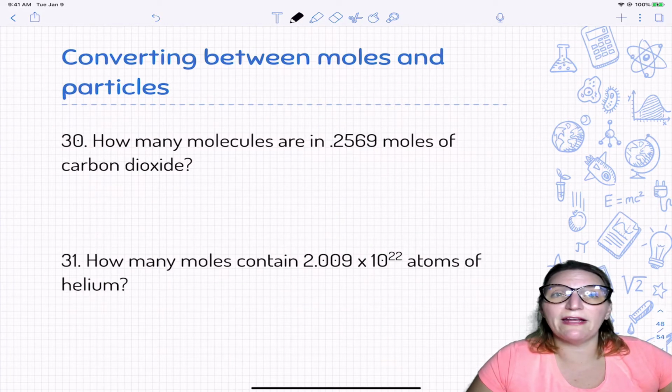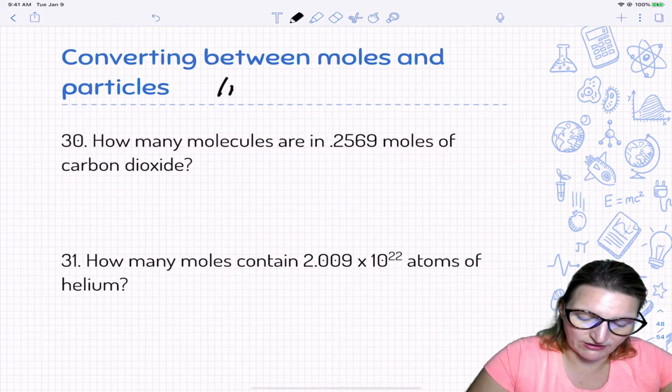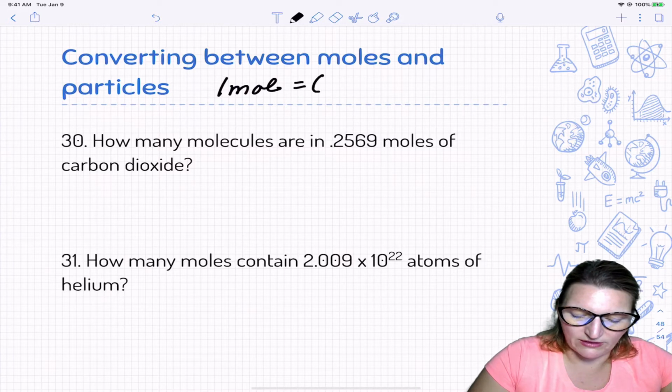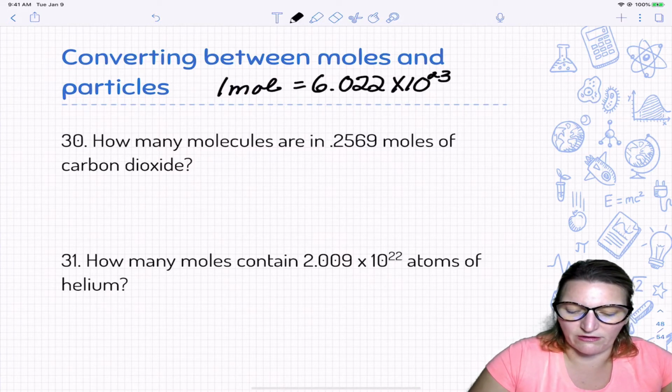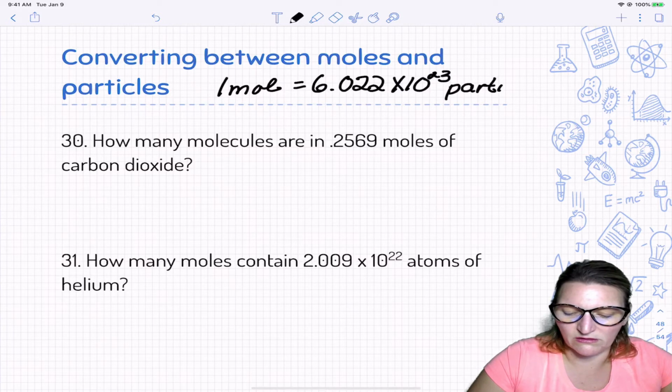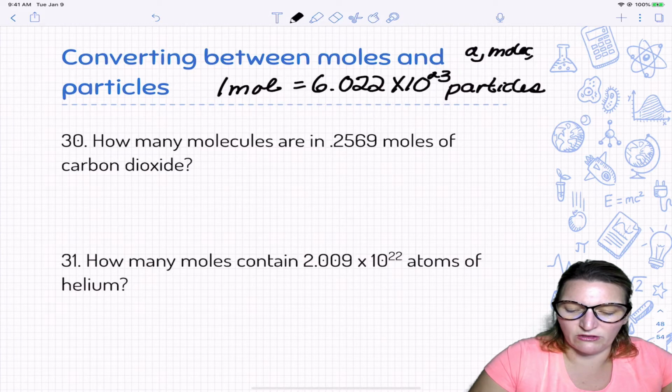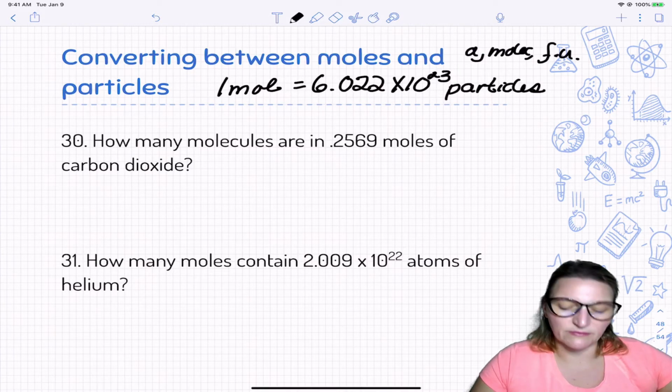Okay, I'm just going to rewrite on this page the conversion factor again, which is that 1 mole is equal to 6.022 times 10 to the 23rd particles. Remember, those could be atoms, molecules, or formula units.